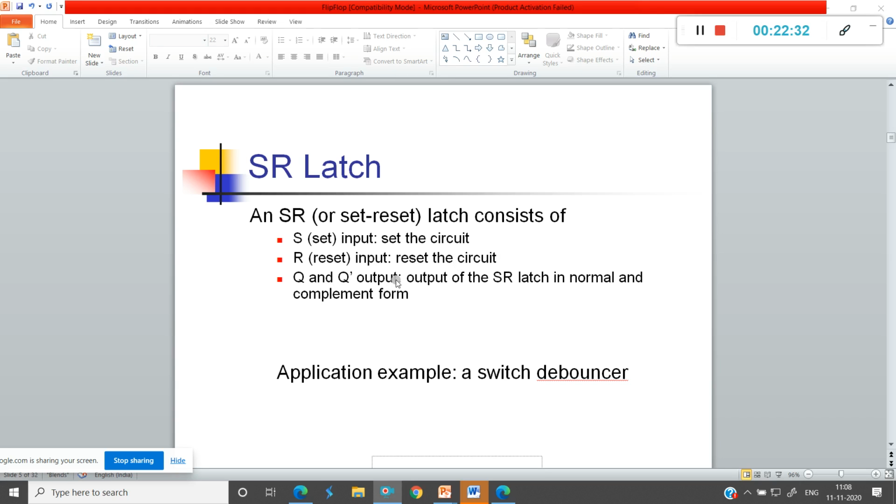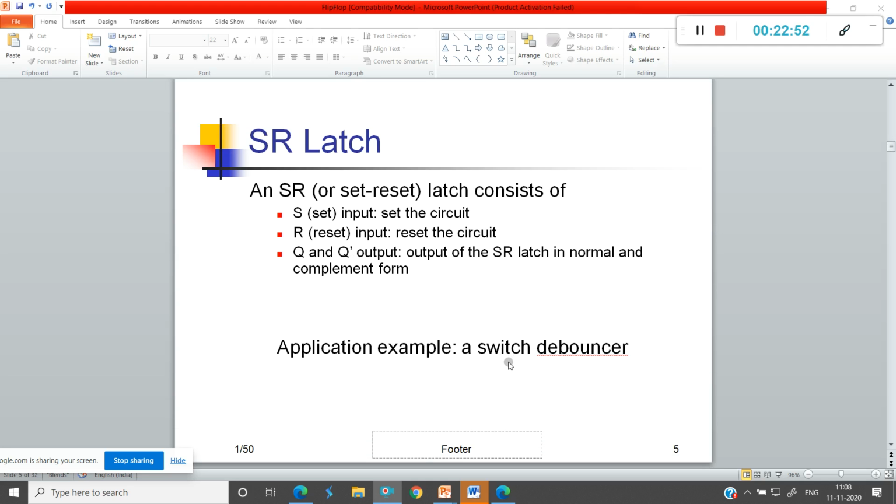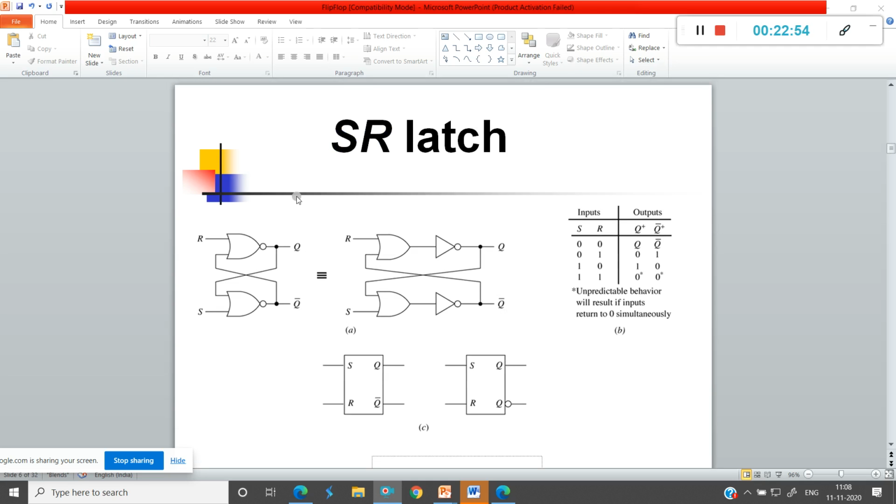Q and Q bar are the outputs of the SR latch in normal and complement form. Q is the normal output, Q bar is the complement output. An example of this is the switch debouncer. We'll be studying this later.